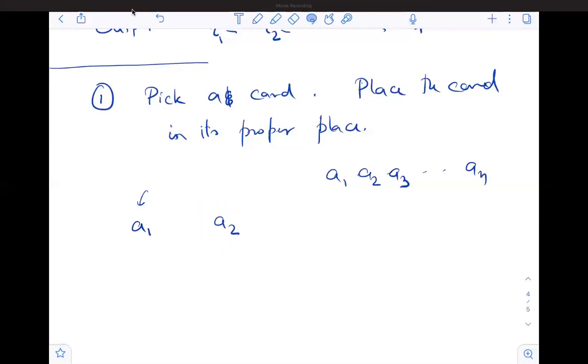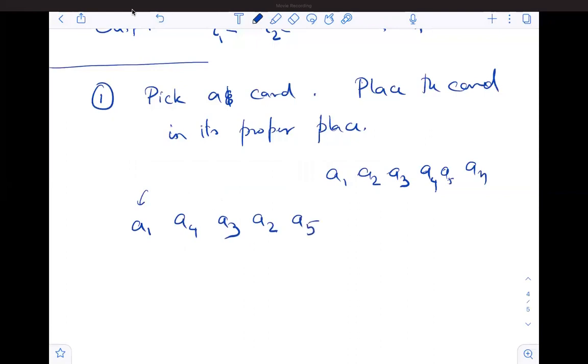So I will move this A2 and I put A3 over here. Then I take A4. And where does A4 go? Maybe A4 goes between A1 and A3. Sorry. So I will move this one and put A4 over here. Then I have A5. Where does A5 go? Oh, A5 is bigger than A2.